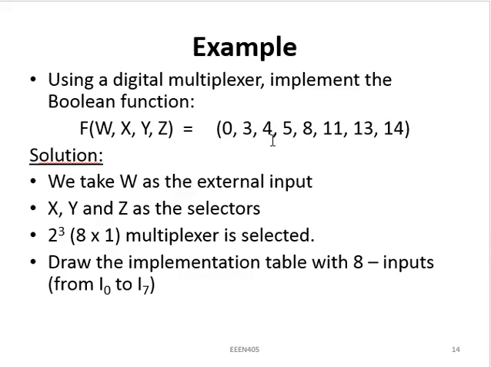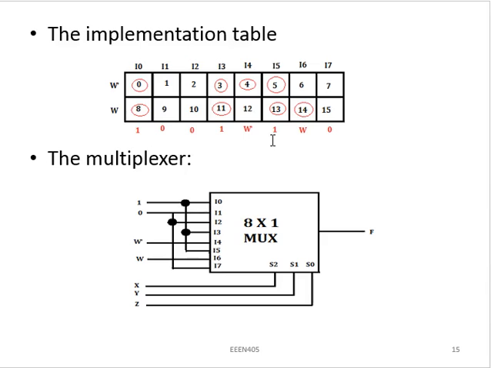Now we come and cycle the minterms that are available in the function. We have 0, we have 3, we have 4, 5, 8, 11, 13, and 14. After doing that, I'll come to the first column of I0.